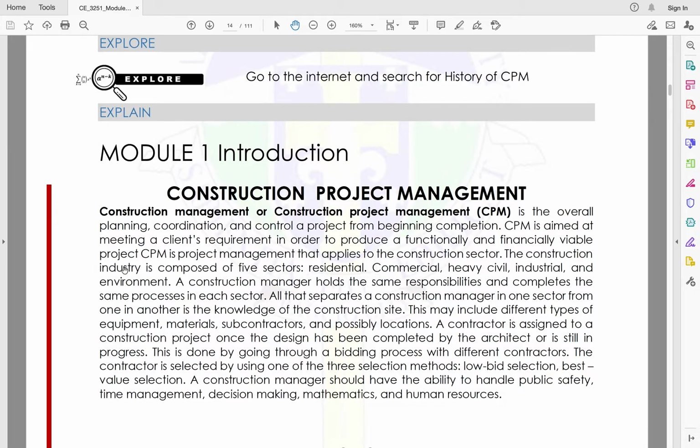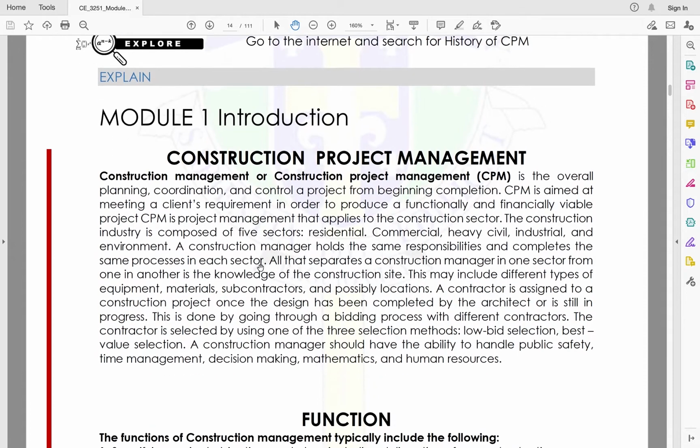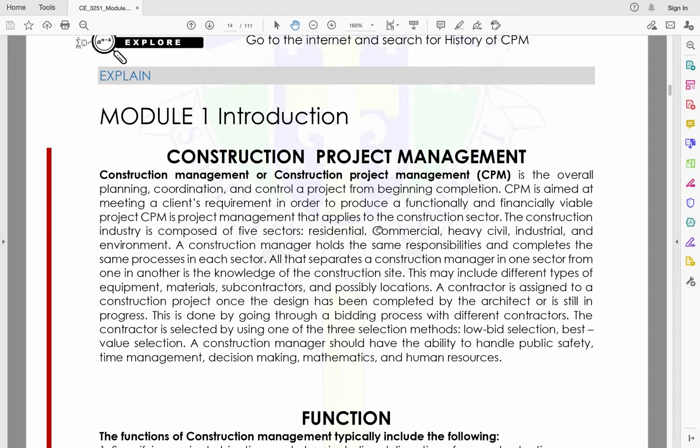The construction industry is composed of five sectors. We have the residential, commercial, heavy civil, industrial, and environmental sectors. A construction manager holds the same responsibilities and completes the same process in each sector.